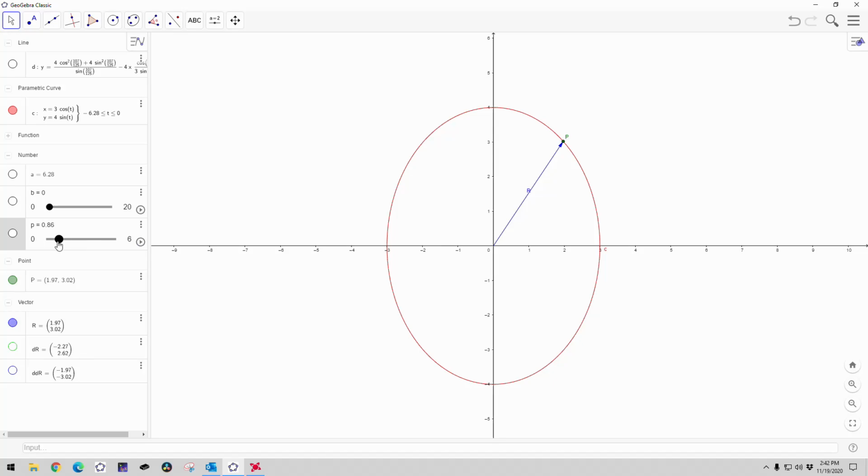And then, of course, we would also be interested in the derivative, which would, in this case, be the tangent vector. And notice there it is right there. This is the tangent vector. And you form this vector just by doing the derivative of each of the components. Notice the tangent vector is still tangent to the curve, much like we're accustomed to seeing tangent lines.